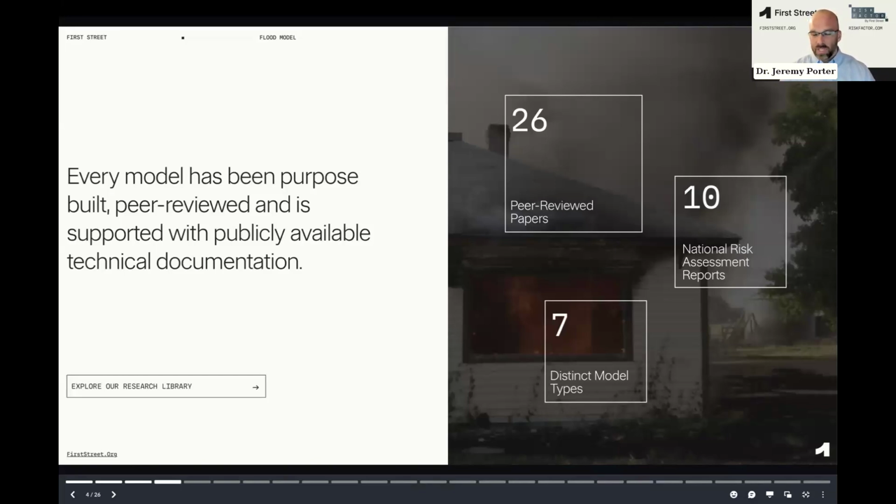To this point, we have 26 peer-reviewed papers covering both the exposure, the development of climate hazards, and the implications of exposure to those climate hazards. We have 10 risk assessments, again, focused on climate hazard development and exposure, but also implications of that exposure. And we have 7 distinct model types, which I covered in the last slide.